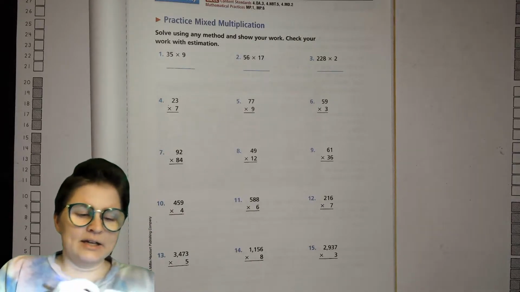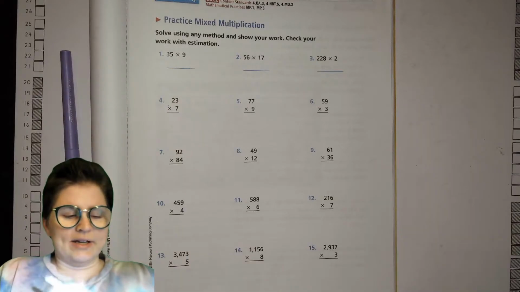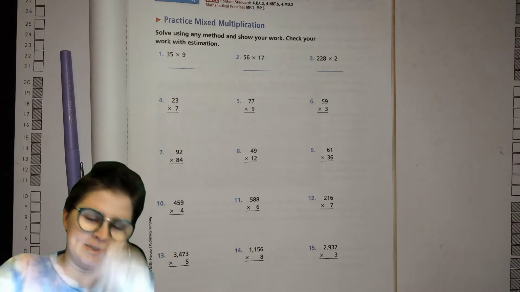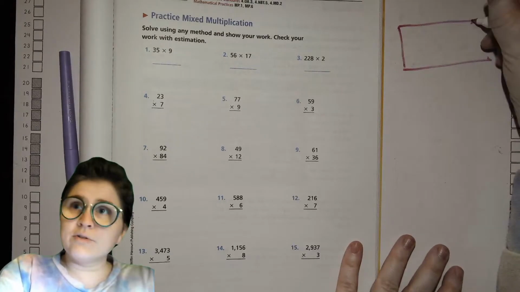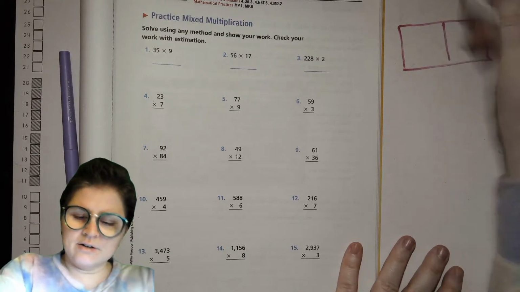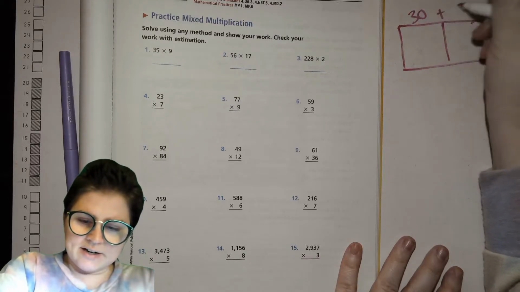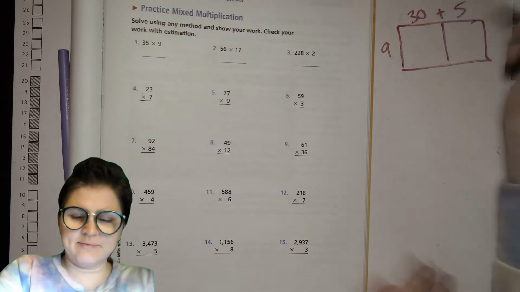Okay, let's start with number 1, 35 times 9. So I'm going to do the area model over here. 30 plus 5 times 9.